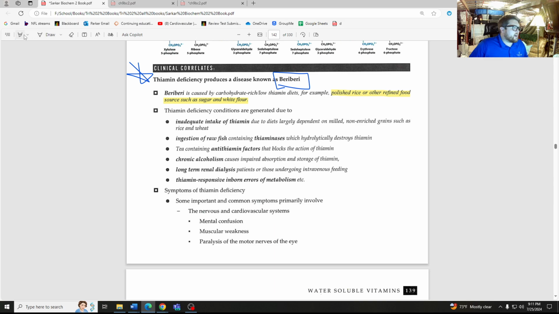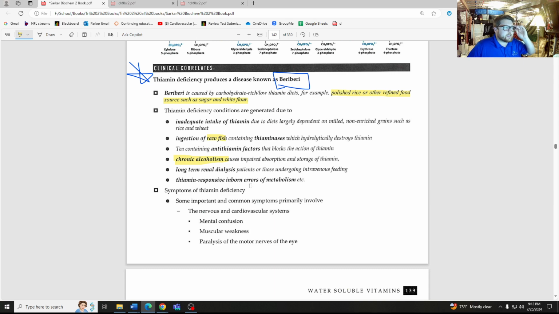Ingestion of raw fish containing thiaminases, tea containing anti-thiamine factors that block the action of thiamine. Chronic alcoholism causes impaired absorption and storage of thiamine. Long-term renal dialysis for patients or those undergoing intravenous feeding. And then thiamine-responsive inborn errors of metabolism.